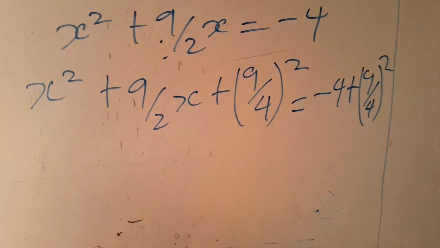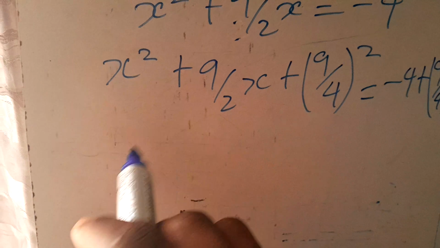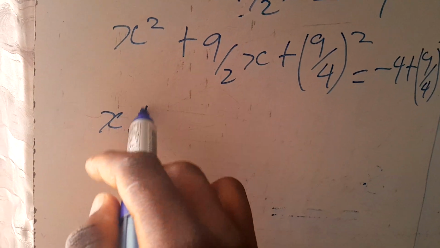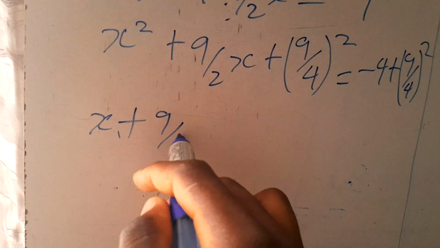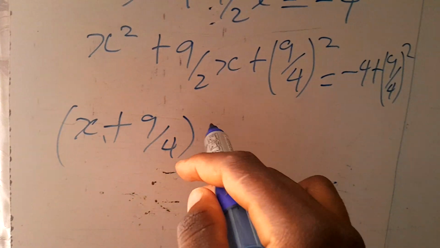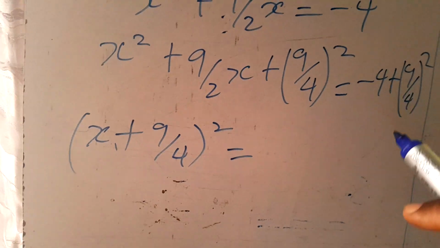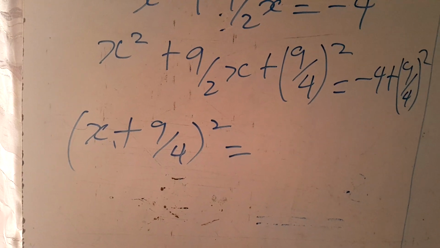All right. Now, here we will extract our complete square. We will have x plus 9 over 4 squared is equal to minus 4 plus 9 over 4 squared.